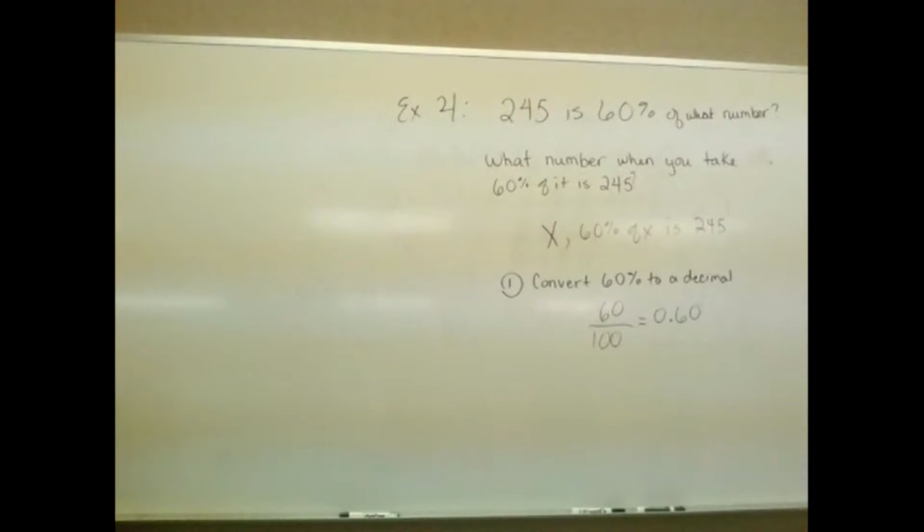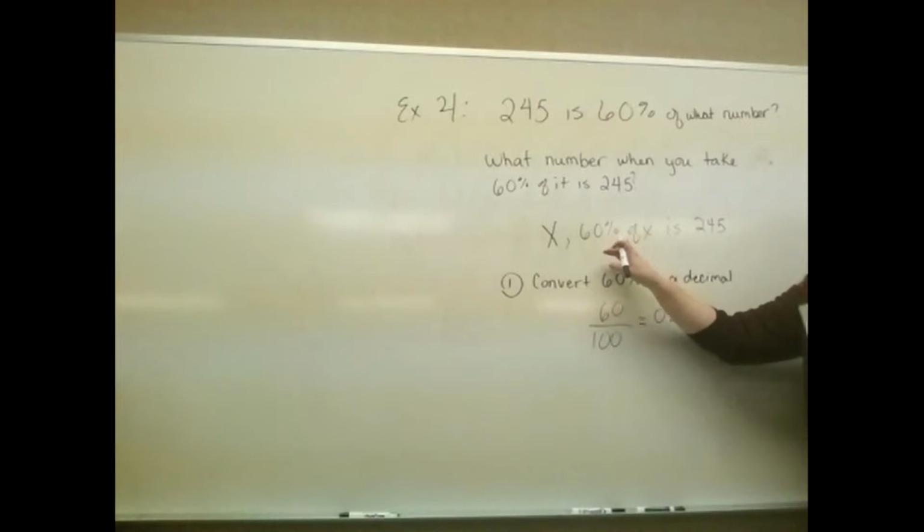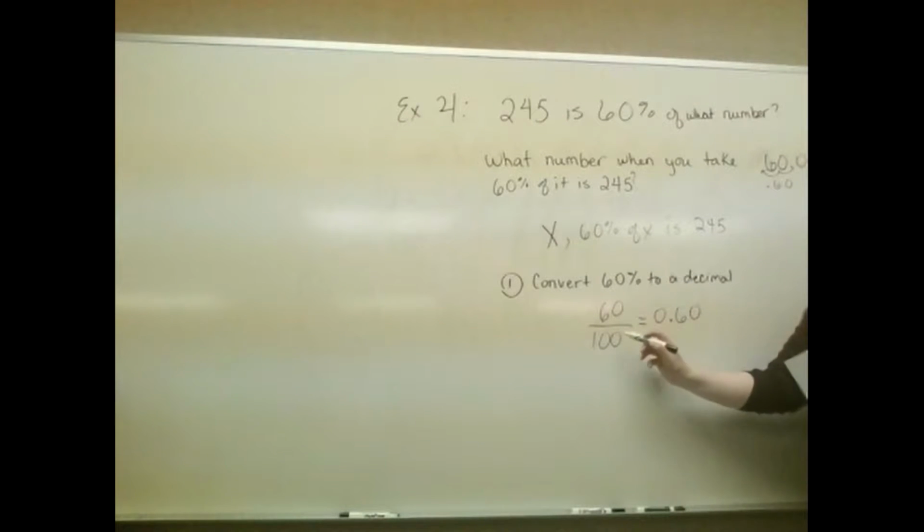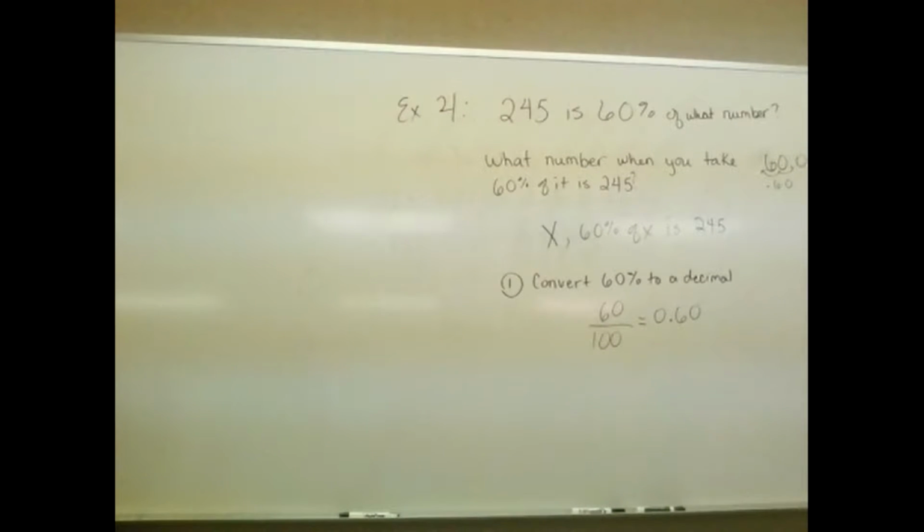One of the gentlemen in my stats class always talks about how when you need to convert from a percent to a decimal, you write it out with your decimal there, and then you move it 2 spots to the left. If you can remember that, it just makes it easier than always having to type your percent divided by 100 in your calculator.